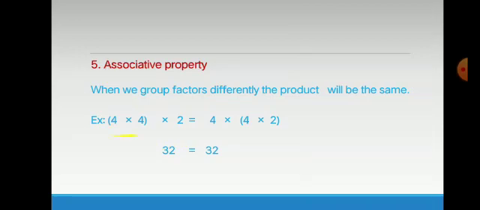We make a group of 2 here, for first 2 factors in a group, and at the right side of the equal, we make a different group with second and third number 4 and 2. When you solve these multiplications, you will see that the answer will be same. It means when we group factors differently, the product is same. This is known as associative property.